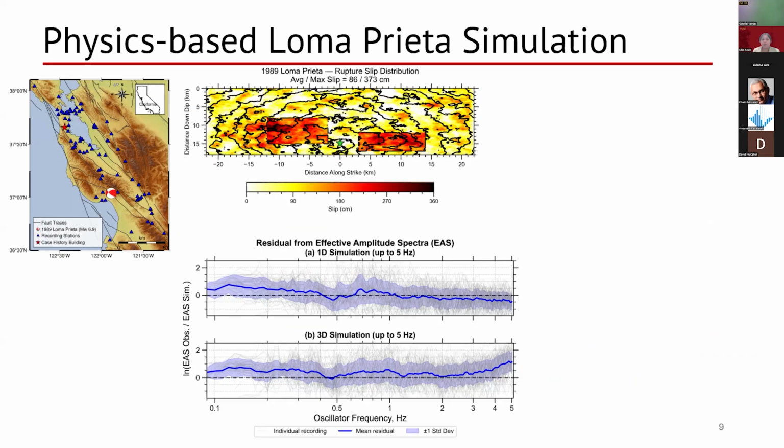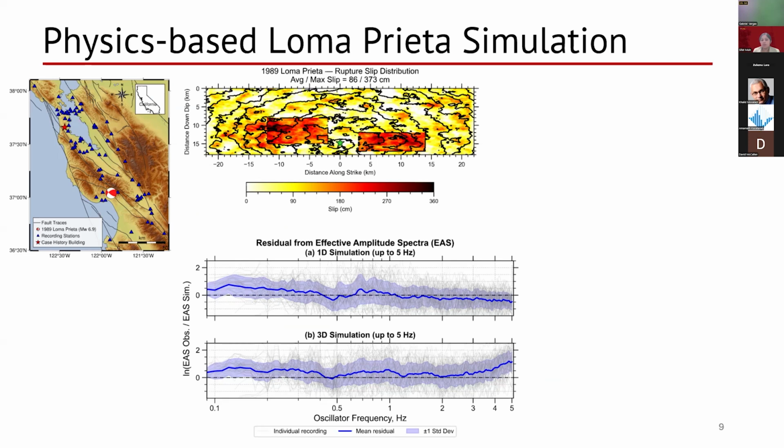They basically used the physics-based simulation to generate motion at these locations where Loma Prieta was also recorded. And then they looked at the residuals and saw that it has a good match.